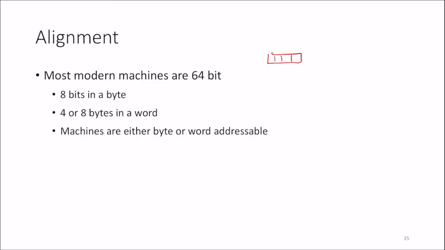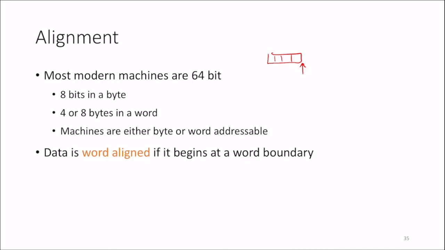If you have a data structure or any kind of data for that matter, you have to make sure that the boundaries of the data line up with either a byte or a word, so 4 or 8 bytes. You want to make sure that the compiler is aware that this alignment can be an issue. So if the data is word aligned, it begins at a word boundary, right?